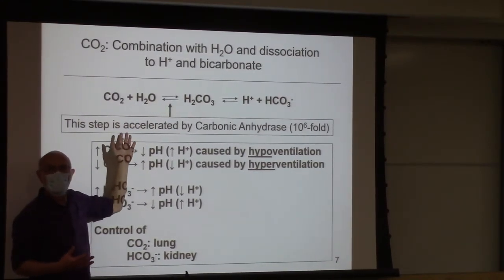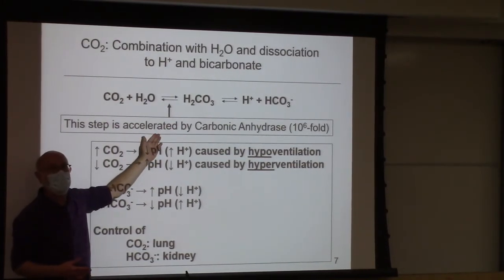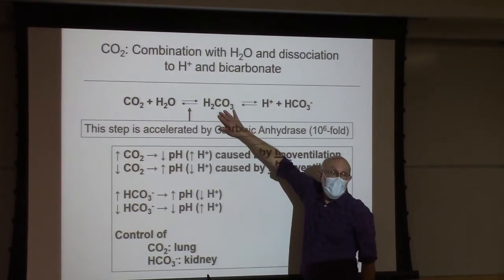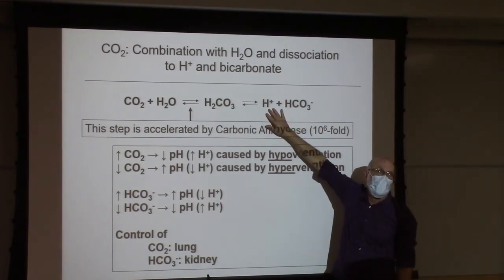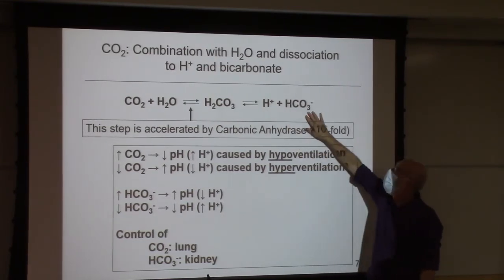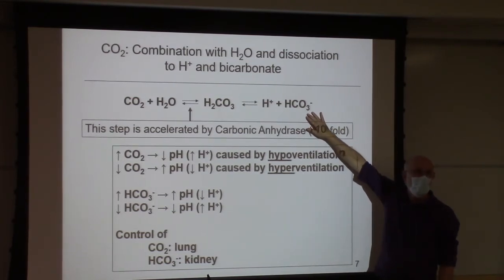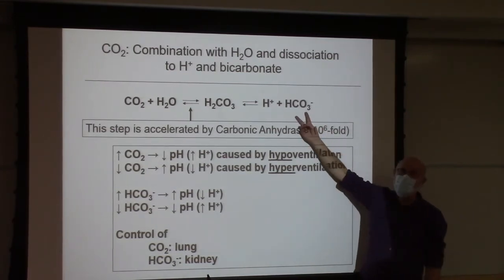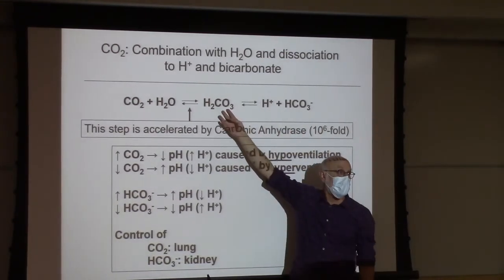That's what enzymes do. Carbonic acid dissociates into hydronium ions or protons, and its associated base, bicarbonate. So this is bicarbonate. When I talk about bicarb or bicarbonate, it's HCO3 minus. It's the conjugate base that comes from the dissociation of carbonic acid.